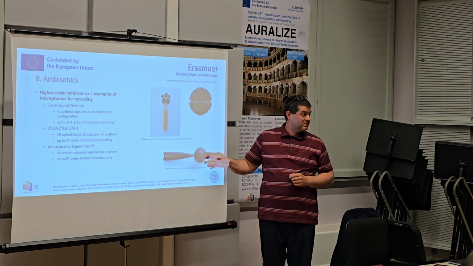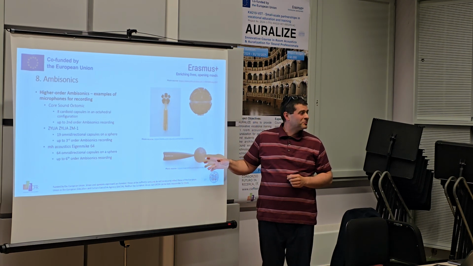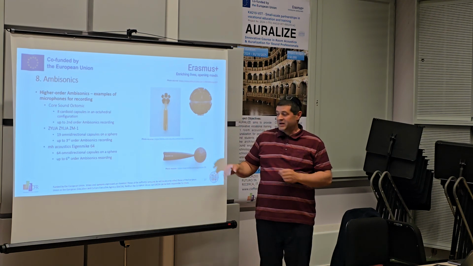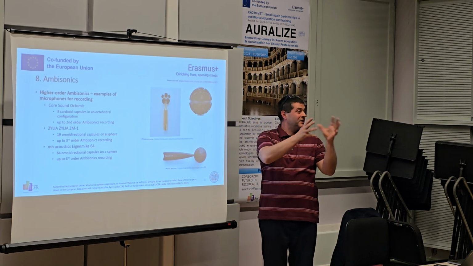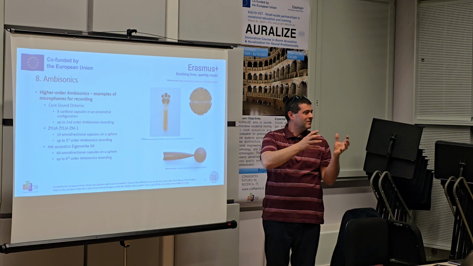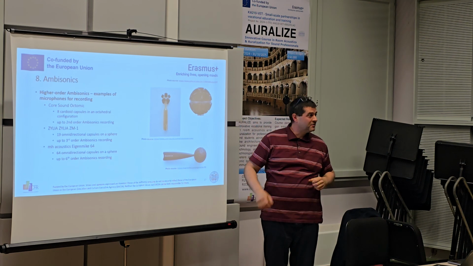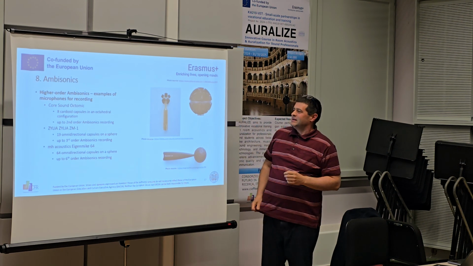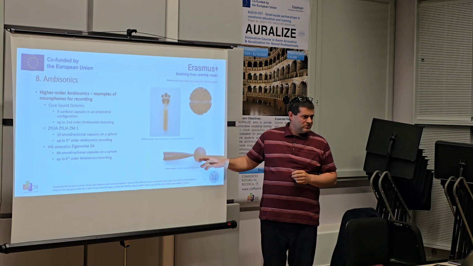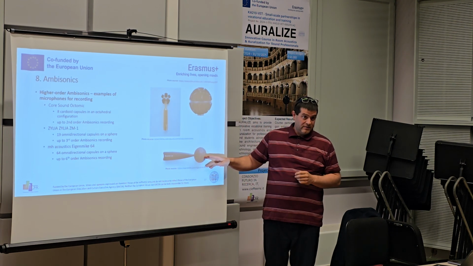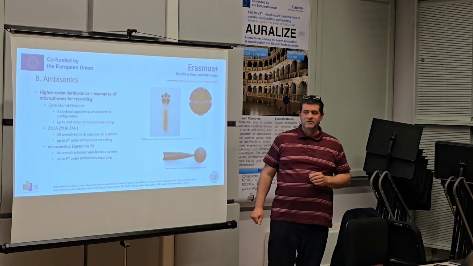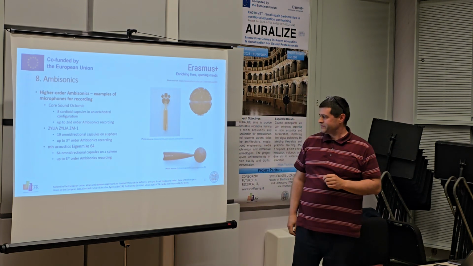And these are not even directional in any way. These are omnidirectional mics. But when you place them on a sphere, you get what we call an array. And you can do with those signals practically anything you want. This records up to 6th order, I think, or something like that, ambisonics. So a very, very detailed recording you can actually get.